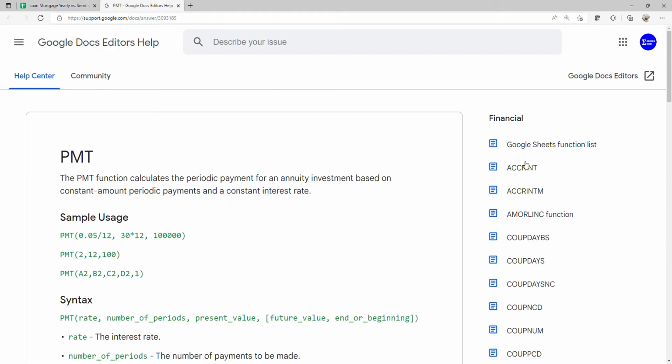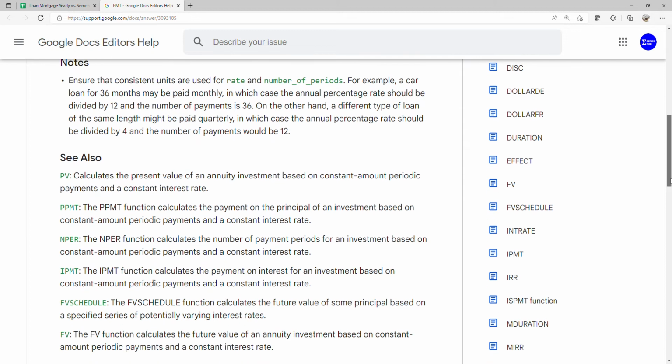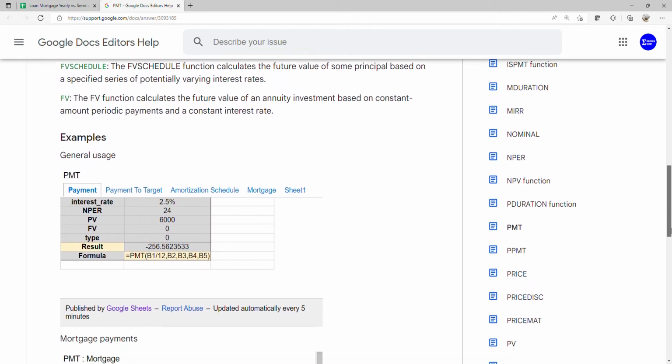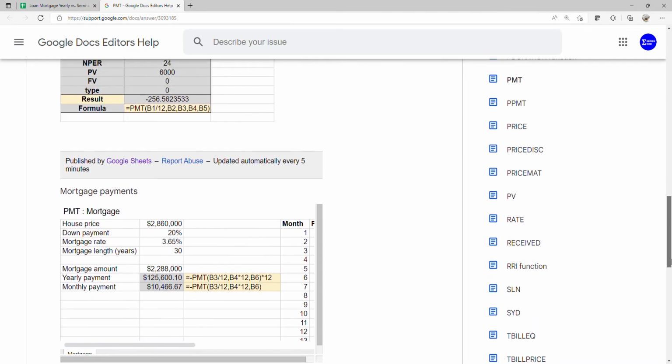Begin with the PMT function, where the payments are varied according to the frequency. This is the example that we will use.